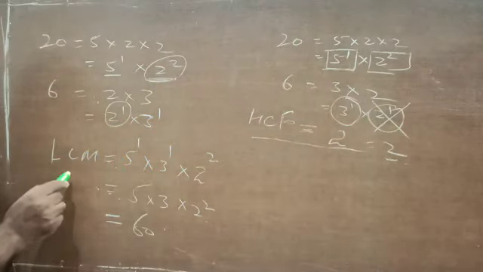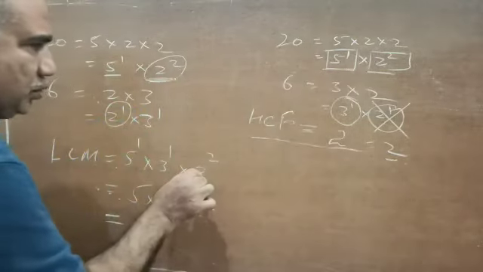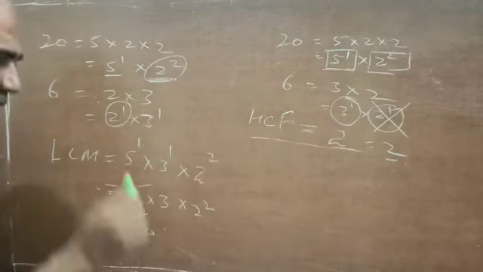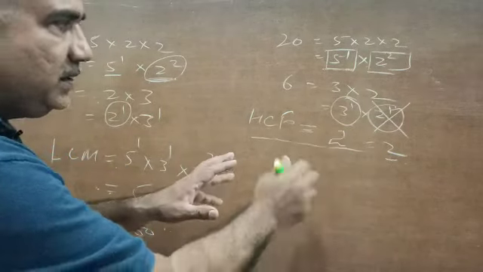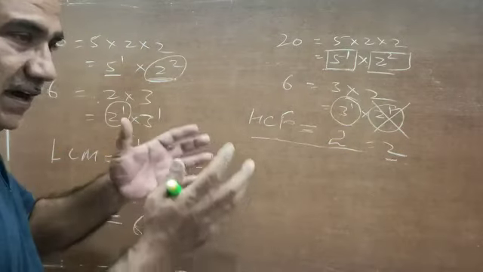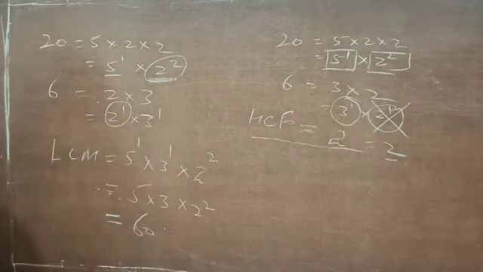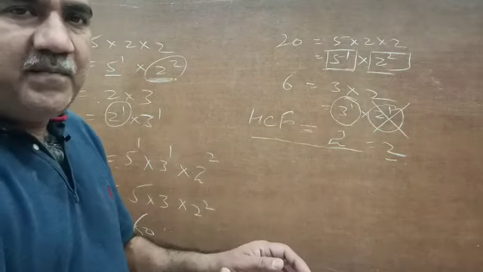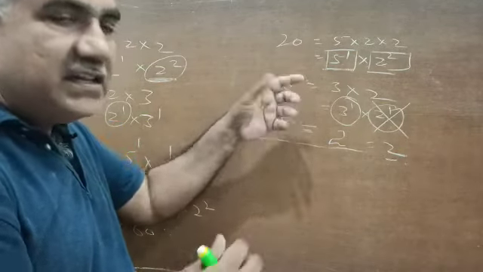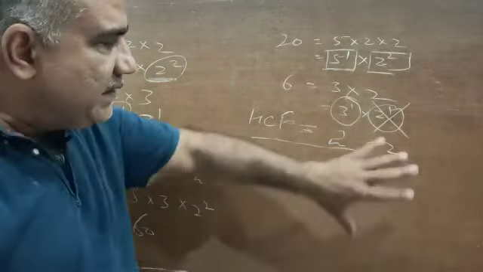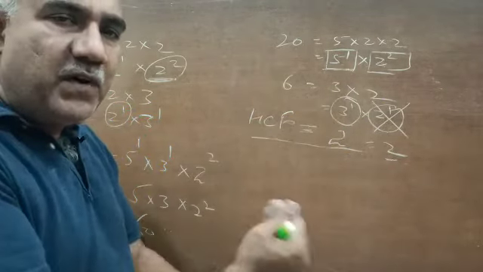Now when we have found out LCM, I have taken 5, I have taken 2 raised to power 2, and I have taken 3 also, which means HCF contains some of the factors of the given numbers, and other than the factors contained in HCF, the rest of the factors are in LCM. That means when you take HCF and LCM, every prime factor that was there for 20 and 6 has come. Whatever factors have come in HCF have come, and the rest of the factors that were left behind have come in LCM.